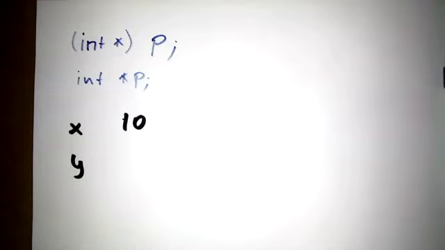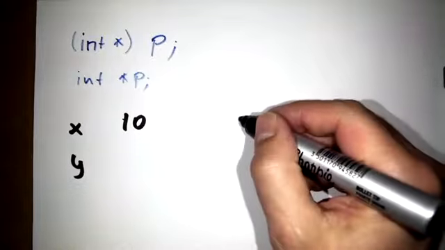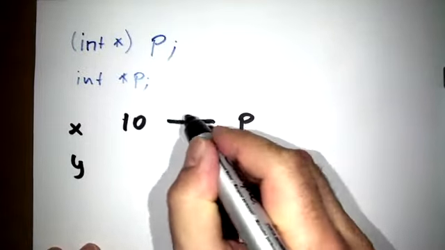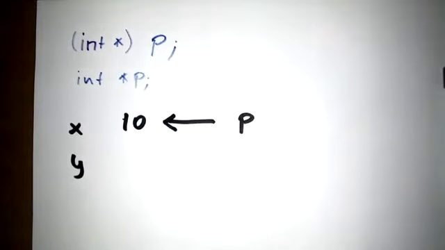Now, the first thing that happens in this program is that P is assigned the address of x. So somewhere we have our pointer P, which occupies on a standard CSE computer 4 bytes. And it doesn't point to anything at the beginning because it hasn't been initialized. But after that first command, P equals &x, it means that P now points to x.